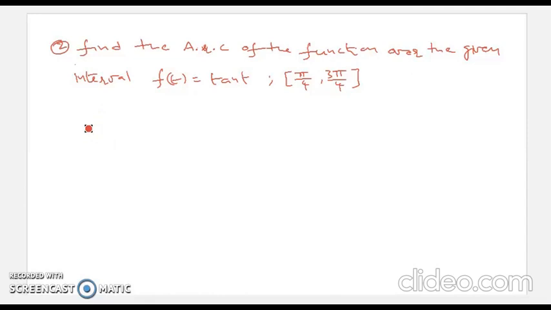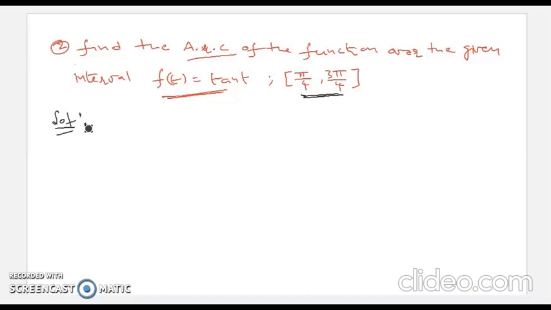Find the ARC, average rate of change, of the function f of t is equal to tan t over the closed interval pi by 4, 3 pi by 4. Here we are going to find the average rate of change of the given function.